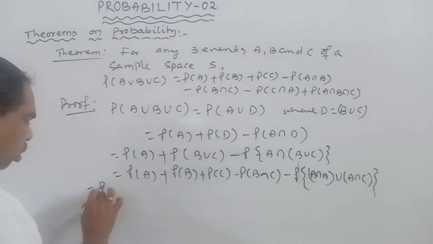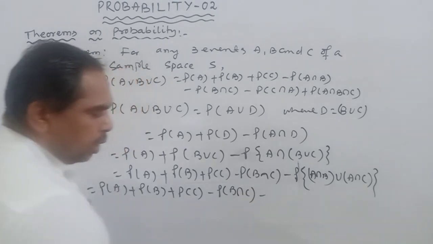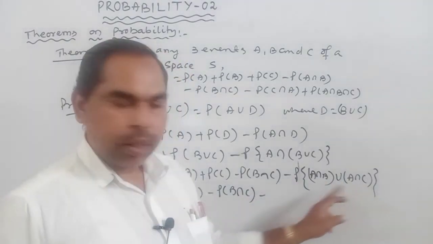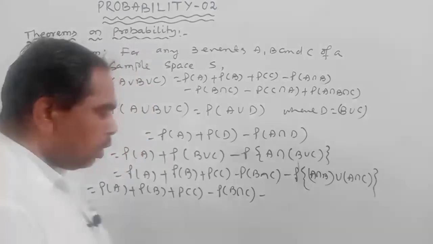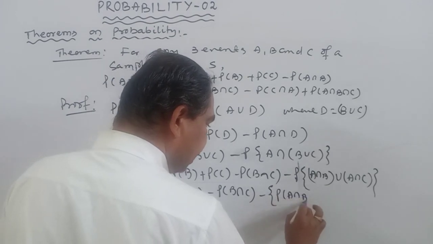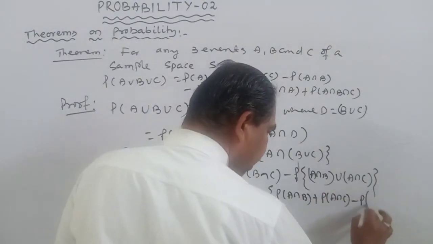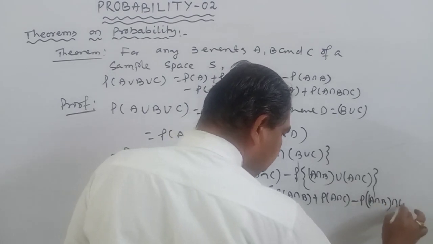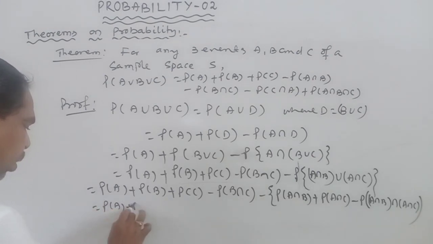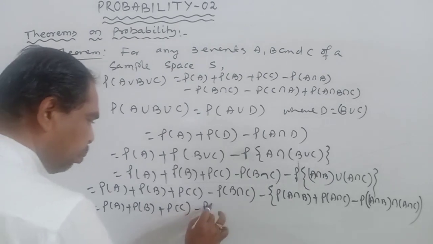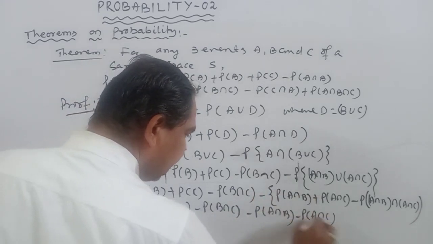So it is equal to P of A plus P of B plus P of C minus P of B intersection C minus, again using the P of A union B formula, P of A union B is equal to PA plus PB minus P of A intersection B. So use the formula: curly bracket P of A intersection B plus P of A intersection C minus P of bracket A intersection B intersection A intersection C. So it is equal to P of A plus P of B plus P of C minus P of B intersection C minus P of A intersection B minus P of A intersection C, with signs minus minus plus.